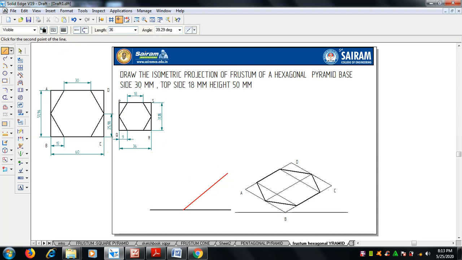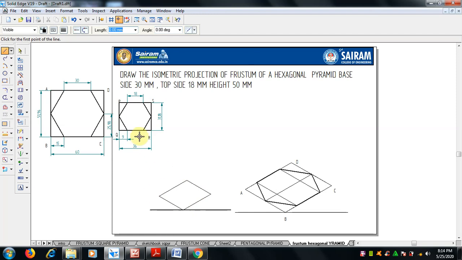So 36 distance at an angle of 30, and 31.18 at an angle of 150, and SP, that is again 36 at an angle of minus 150, right? Then we can complete this.